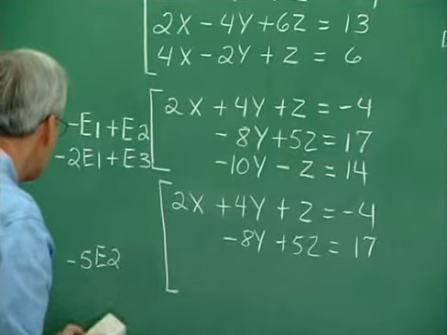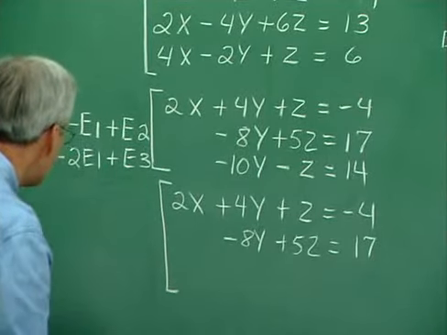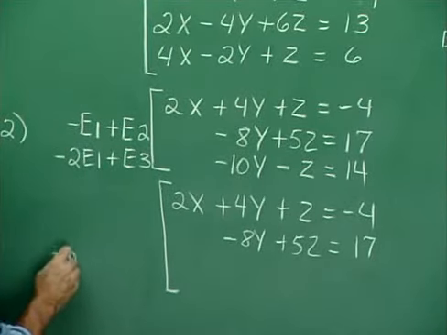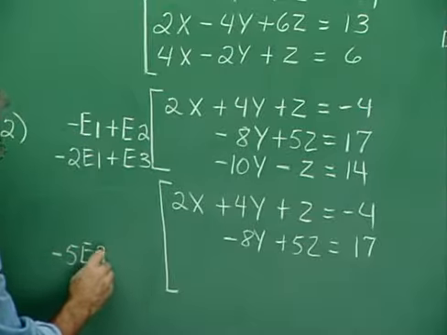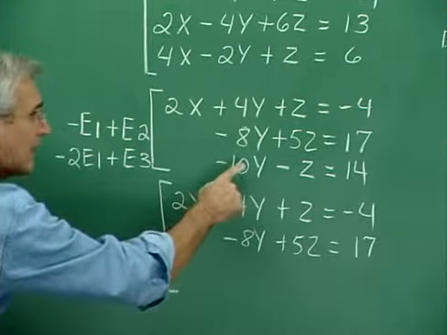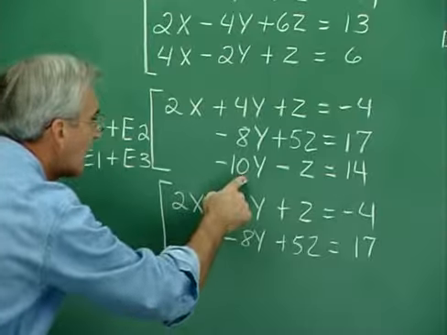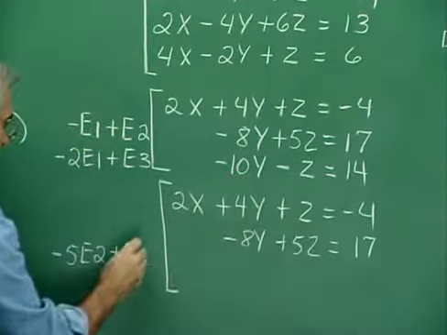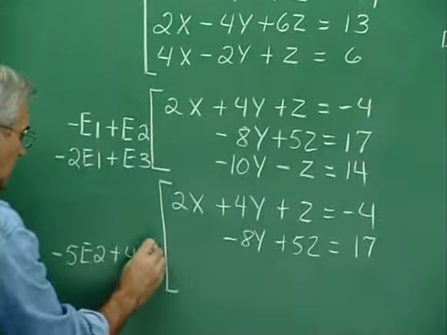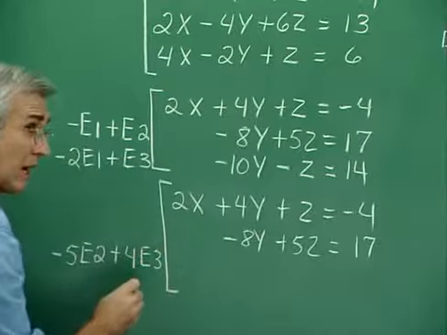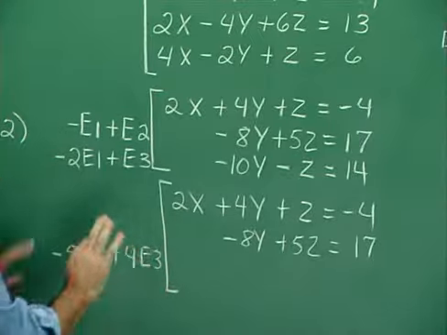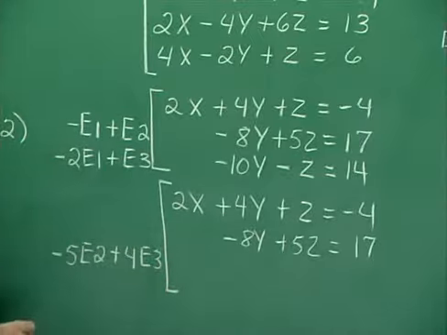I can't just add it. So I have negative 5 times equation 2 plus, in order to get to that common multiple of 40, I need to multiply this by 4. So it's plus 4 times equation 3. By the way, they're not going to get any more difficult than this. This is as hard as they get in this segment.